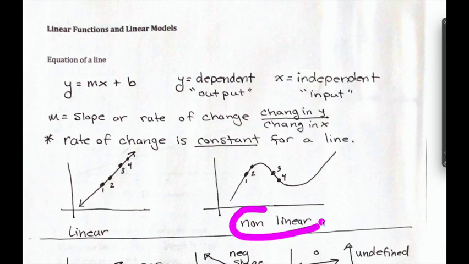However, if I get something that's not linear, that's not guaranteed no matter which 2 points I pick. So if I pick these 2 points here, this steepness and tilt is going to be different than this steepness and tilt. So when you're talking about a linear function or a linear model, that equation is going to have to maintain a constant slope in order for it to be considered linear.